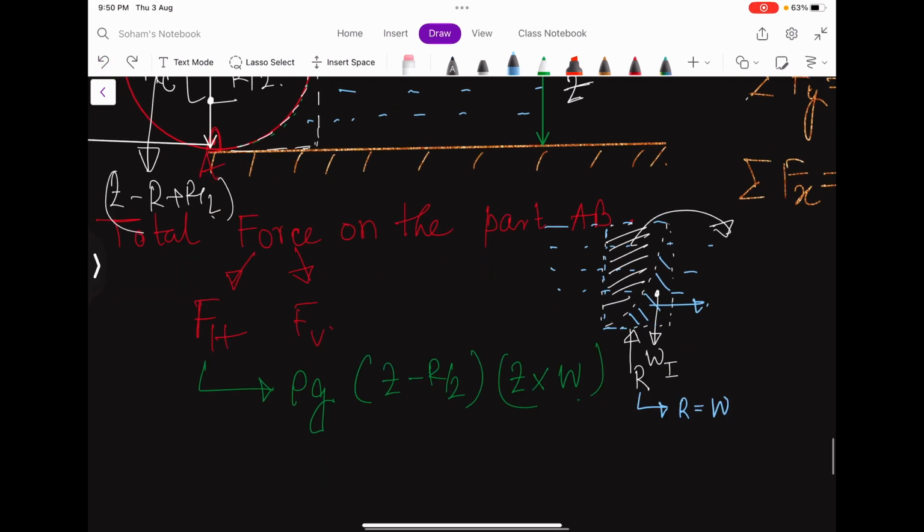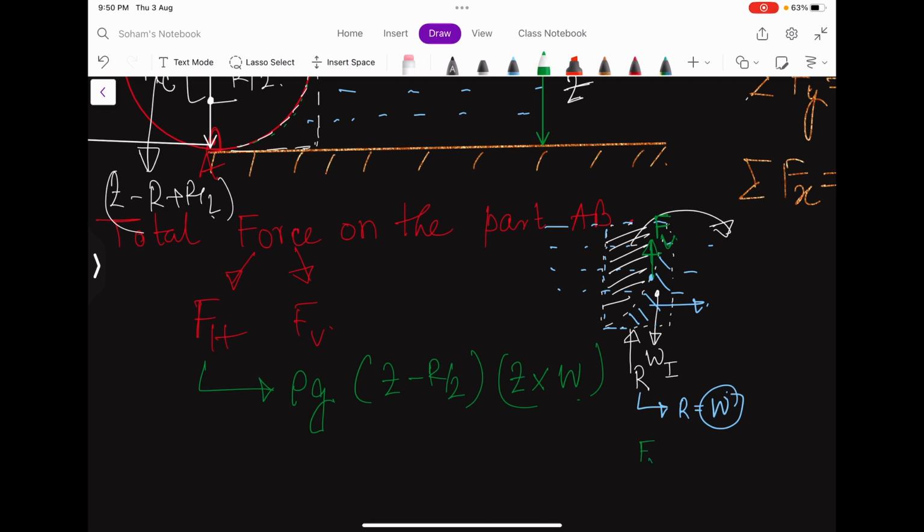Then this R is this total weight. Let us say Fv is the vertical force on the fluid volume by the surface.